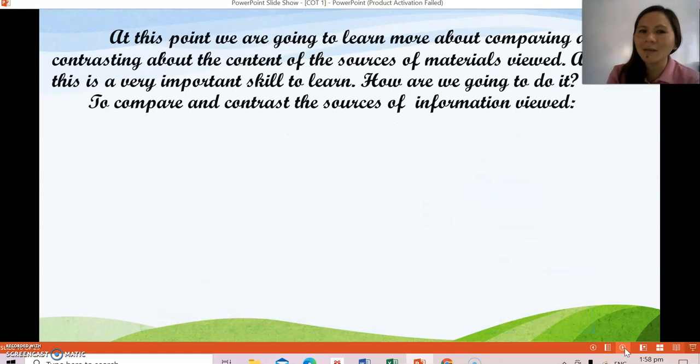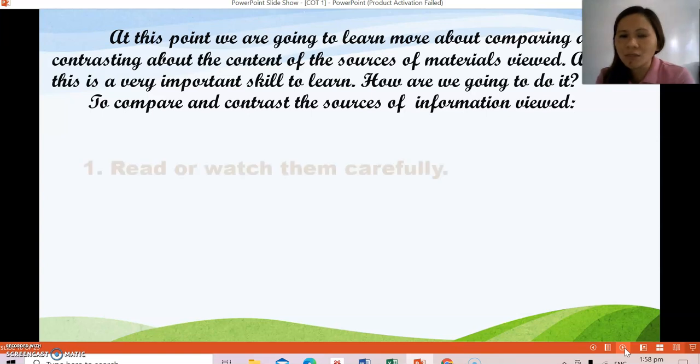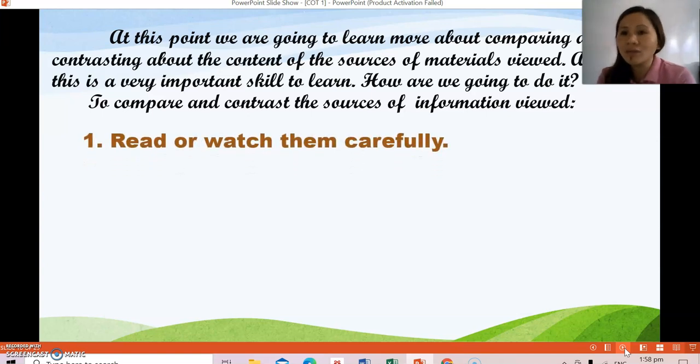Now at this point, we are going to learn more about comparing and contrasting the content of the sources of materials viewed. This is a very important skill to learn. But the question is, how are we going to do it? Take note, class, that to compare and contrast the sources of information viewed, number one, you have to read or watch them carefully.